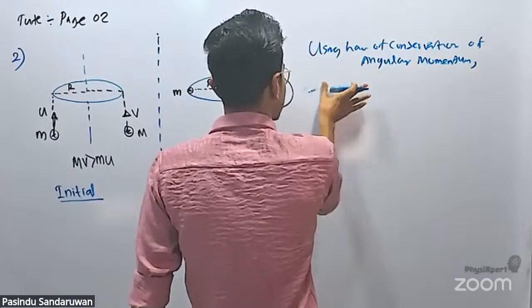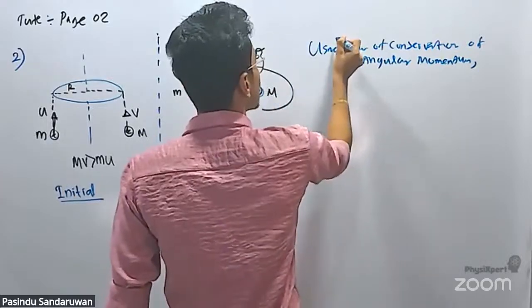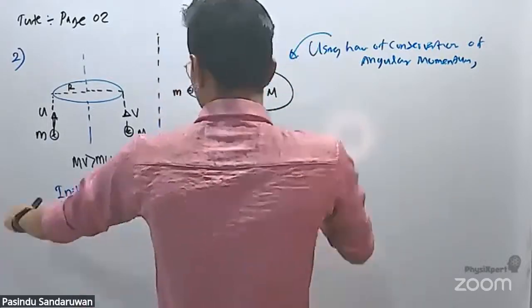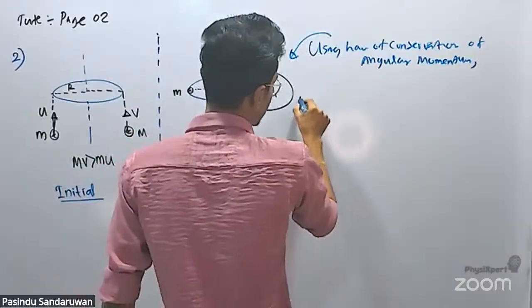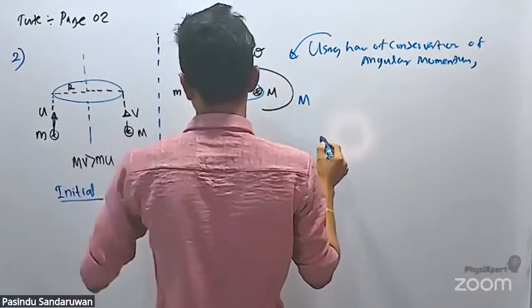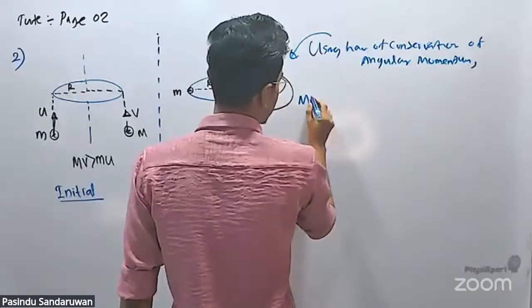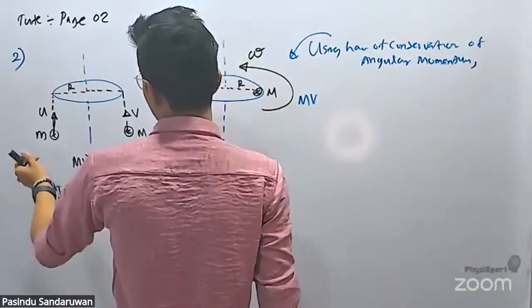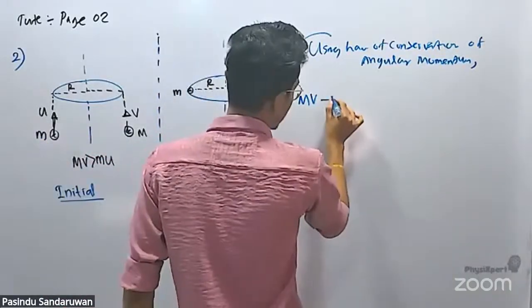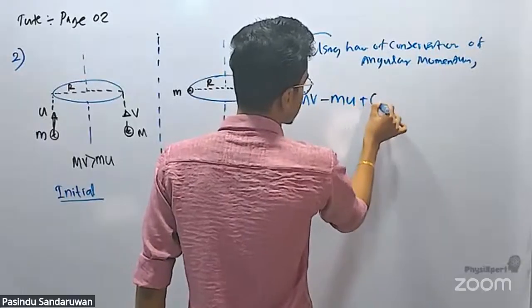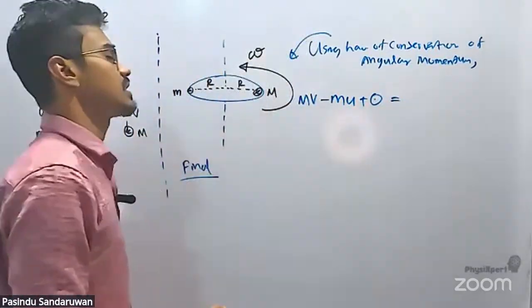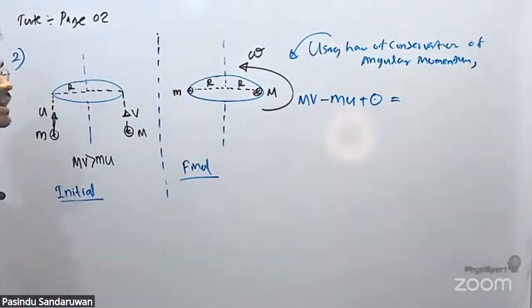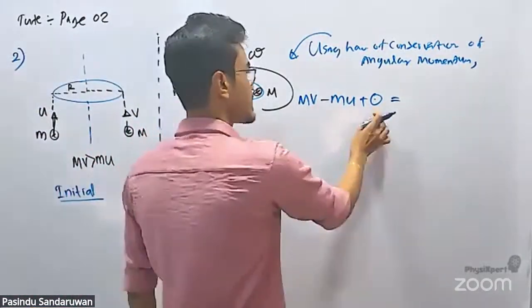Now let's specify the direction. This is the direction I'm going to use. Then for capital M, that rotates in the same direction. It supports the momentum in the same direction, mv, right? And this supports in the opposite direction, minus mu, plus the disk is at rest. So the initial angular momentum is zero since that is at rest.